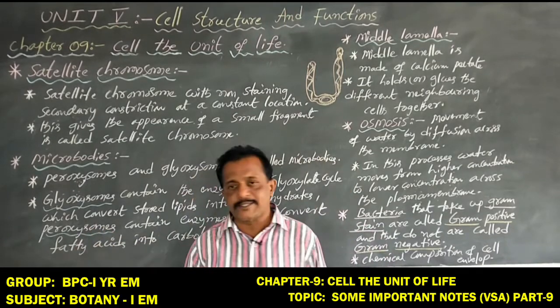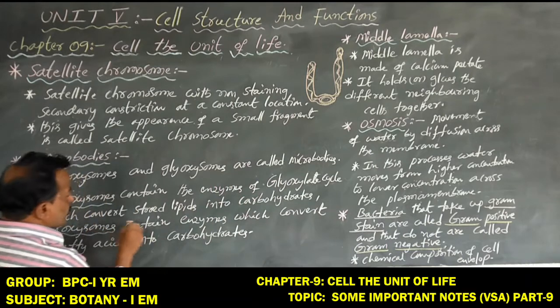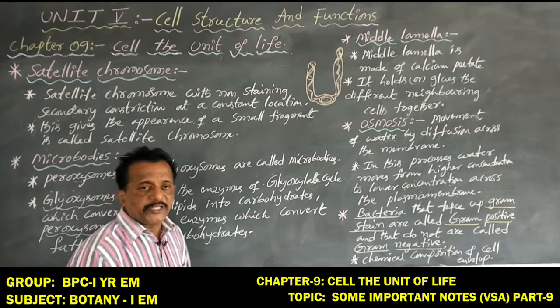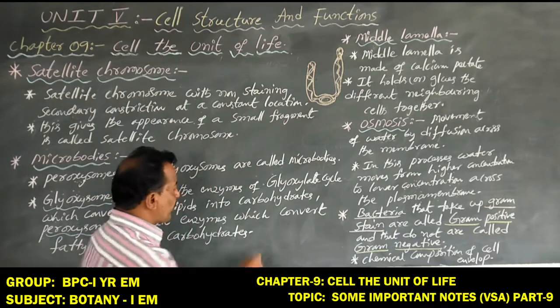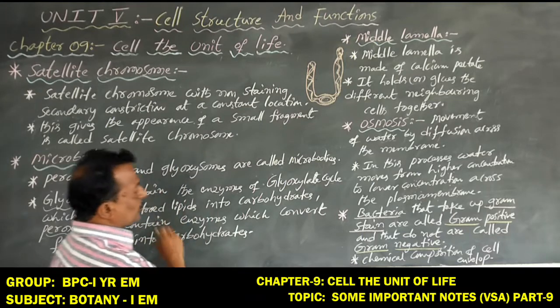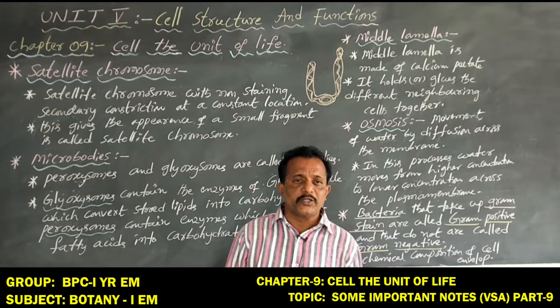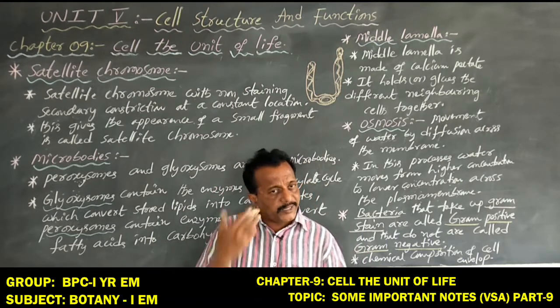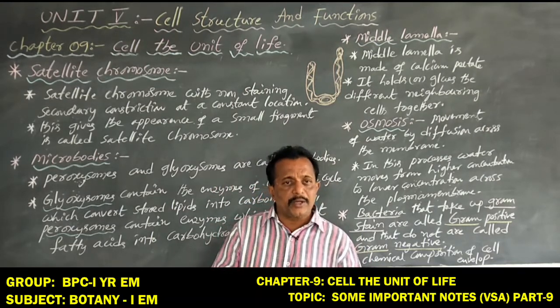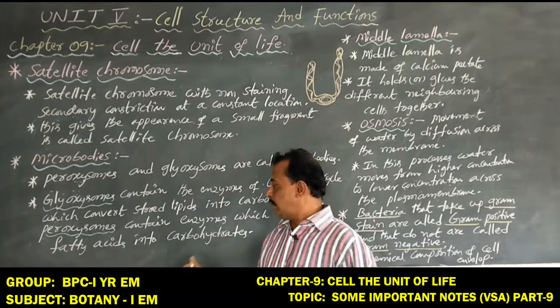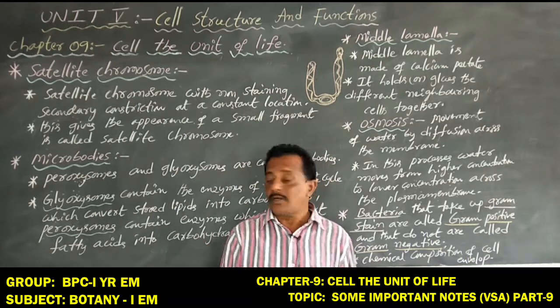Next, coming to peroxisomes. Peroxisomes also contain some enzymes, which convert fatty acids into carbohydrates. First, lipids get converted into carbohydrates; at the same time, some of the fatty acids are converted into carbohydrates.